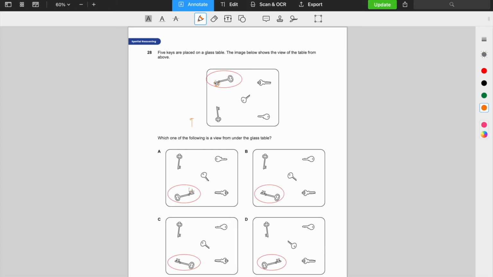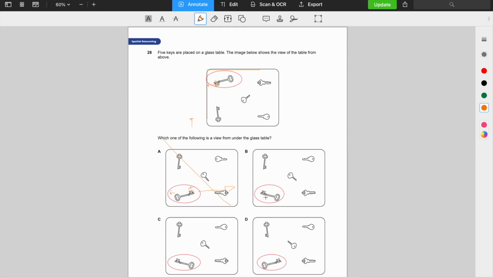So we need the notches to be facing away from the horizontal edge of that table. So for A, that's fine. For B, that's fine. For C, that's fine. D, it's fine. But then you also have to say the notches are directed towards the width, okay? So it's pointing towards the width. So for A, that doesn't work because the notches are not pointing towards the width. It's actually pointing all the way towards that other side.